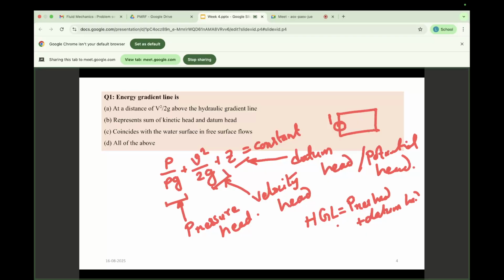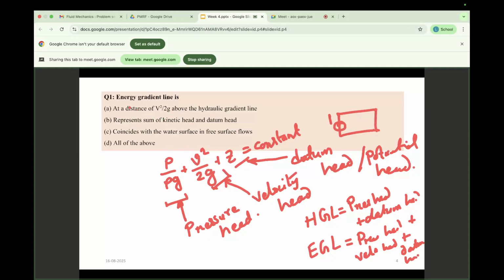Okay, this is the hydraulic gradient line. That means it only considers the pressure term and the datum term, whereas the energy gradient line, EGL, represents the pressure head plus velocity head plus datum head. So the whole energy is known as the energy gradient line.